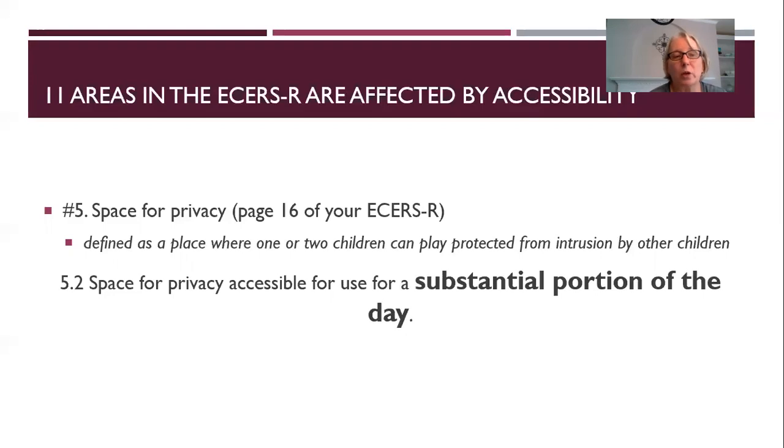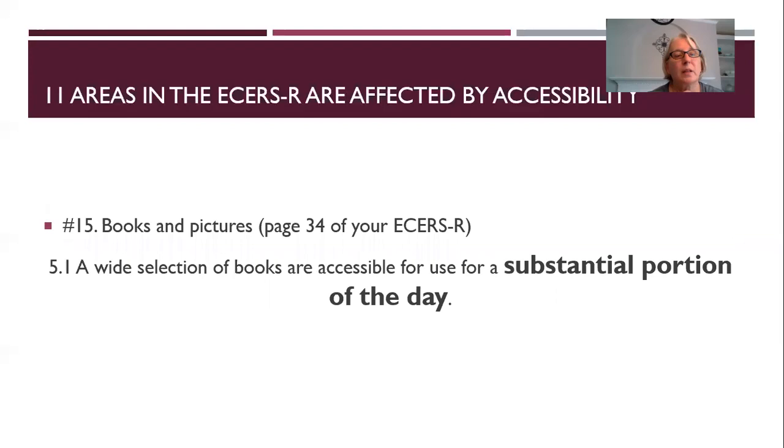Anything like that where 1 or 2 children can play together is going to be considered space for privacy. And that falls under the 5.2, space for privacy accessible for a substantial portion of the day. So again, that's in the 5 column. You don't want to score a no for that.